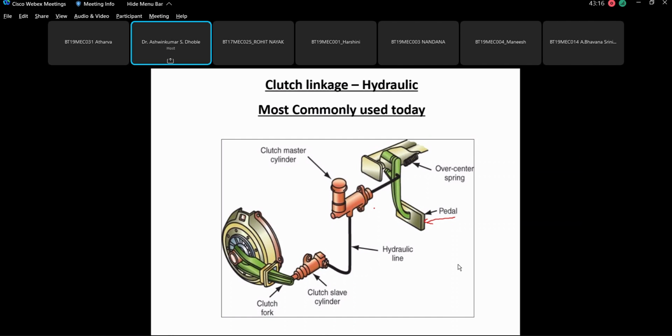If fluid leakage is happening or there is some degradation in the properties of the fluid, then the effectiveness of the mechanism will not be the same as it used to be with the new fluid. That is the only issue with the hydraulic fluid. Because at how many locations are you going to use hydraulic fluid?